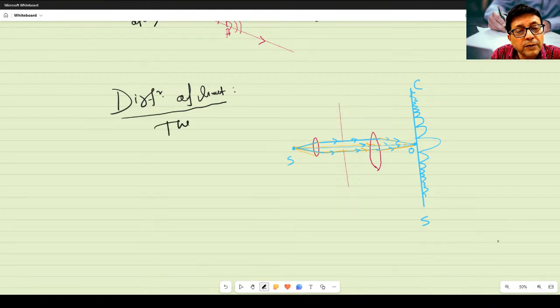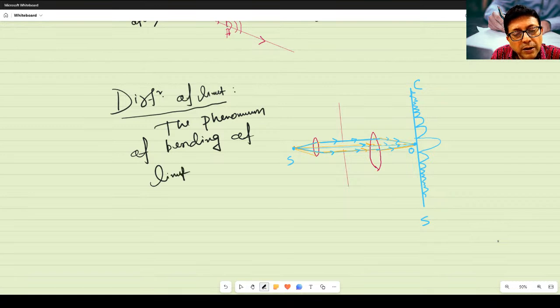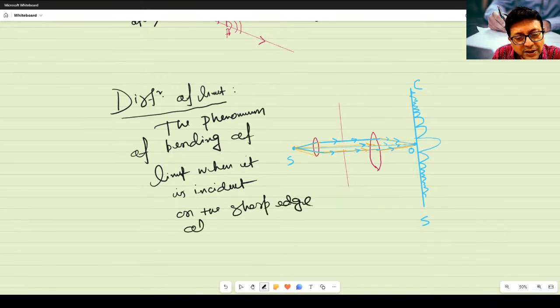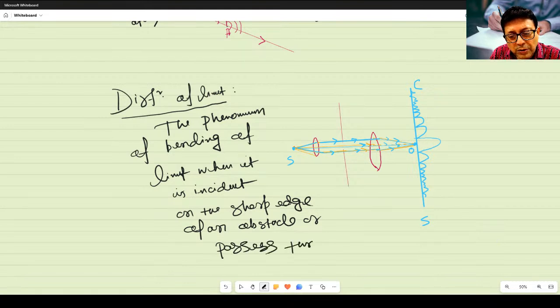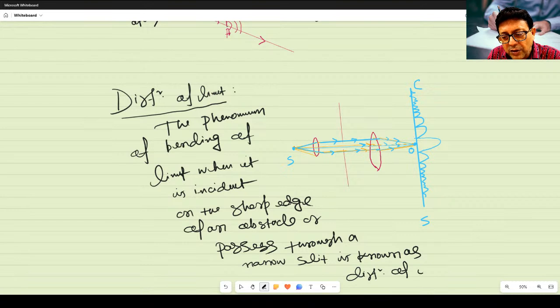The phenomenon of bending of light when it is incident on the sharp edge of an obstacle or passes through a narrow slit is known as diffraction of light.